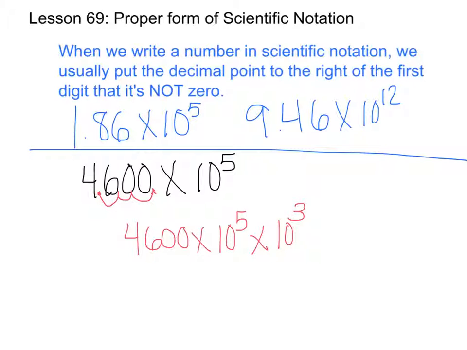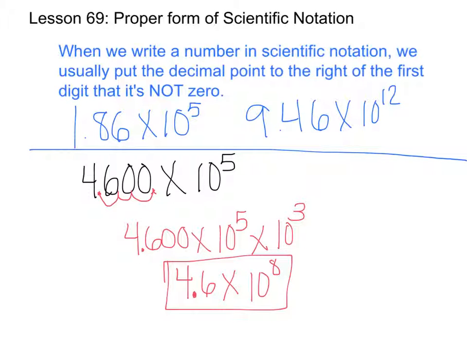To simplify this, I now just have 4.6. I can drop my zeros now that I'm in scientific notation. And then when we multiply powers of 10, the 5 and the 3 here are exponents. When you multiply them, really you're just adding the exponents. So therefore, 5 plus 3 is 8. So this is now correct scientific notation.